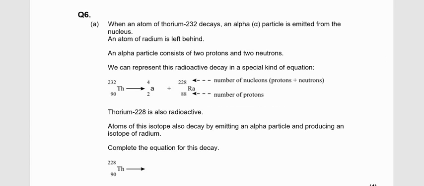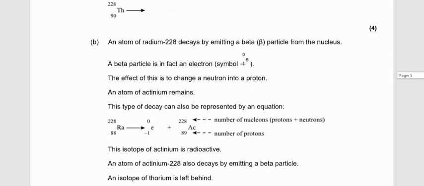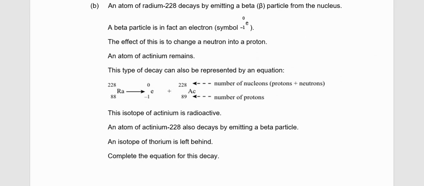Question 6 was a reasonably straightforward decay equation balancing question. It helpfully reminded us what the numbers were for an alpha particle and just asked us to reproduce it for a different decay equation. Part B was very, very similar, but for a beta decay instead.